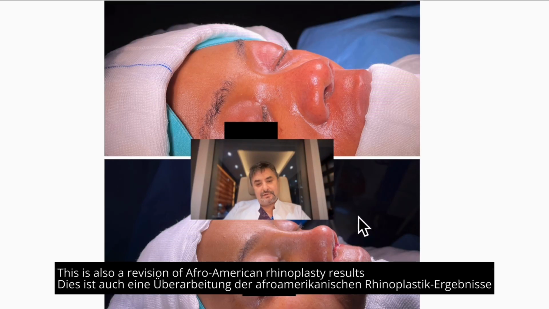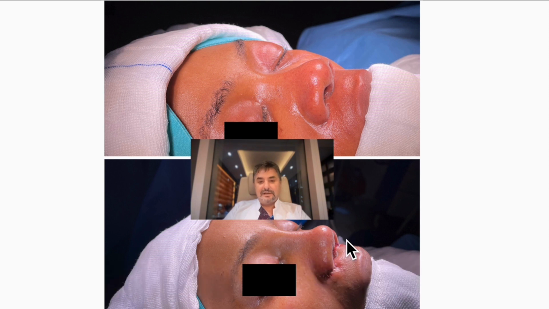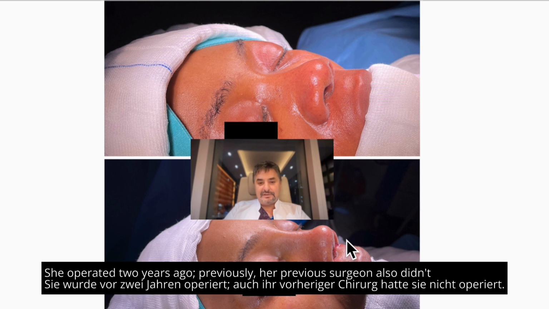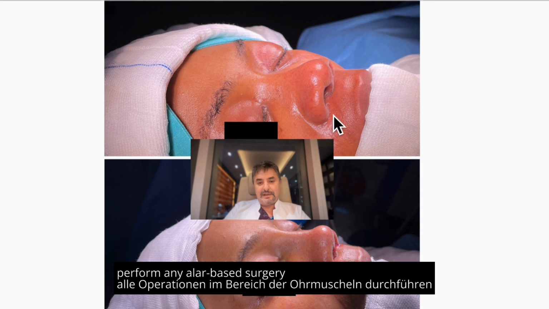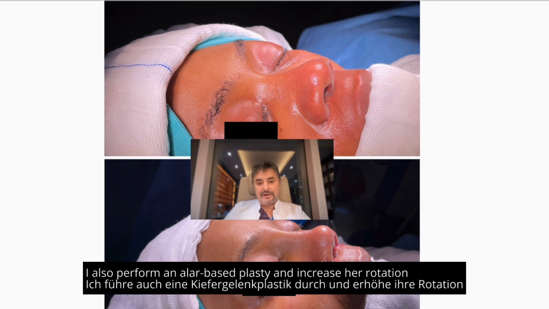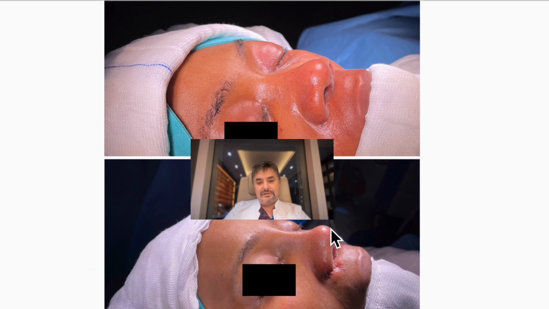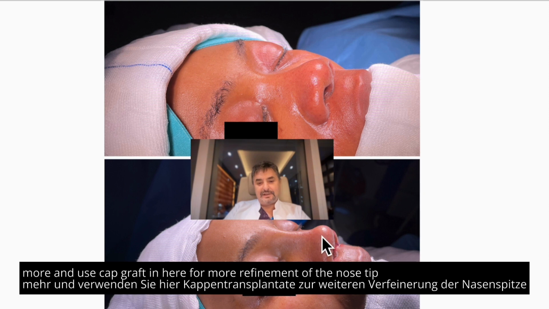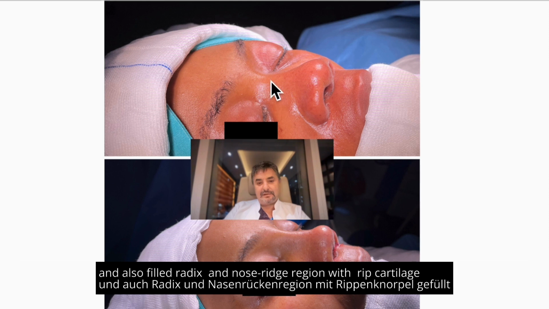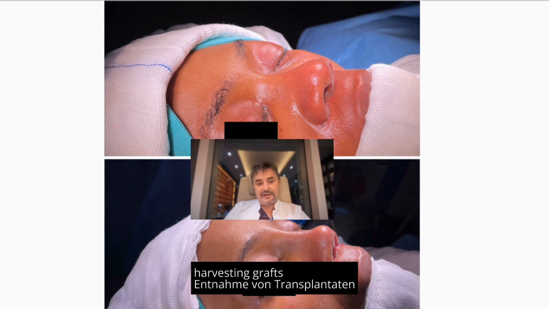This is also revision Afro-American rhinoplasty results. She was operated 2 years previously and also didn't have any alar-base plasty. I also performed alar-base plasty and increased her rotation more and used cap graft in here for more refined nose tip and also filled radix and nose ridge region with rib cartilage harvested grafts.